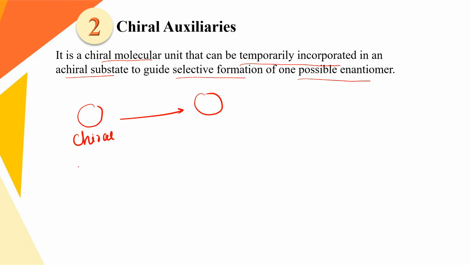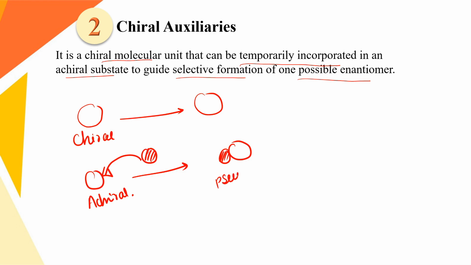But here, in the chiral auxiliaries, the starting compound is achiral, to which a chiral unit has been temporarily attached to make this particular compound a pseudo-chiral compound. Now, depending upon this temporary extra unit, that is called the auxiliary, this determines the stereochemistry of a certain nucleophile that is attaching to this achiral moiety.